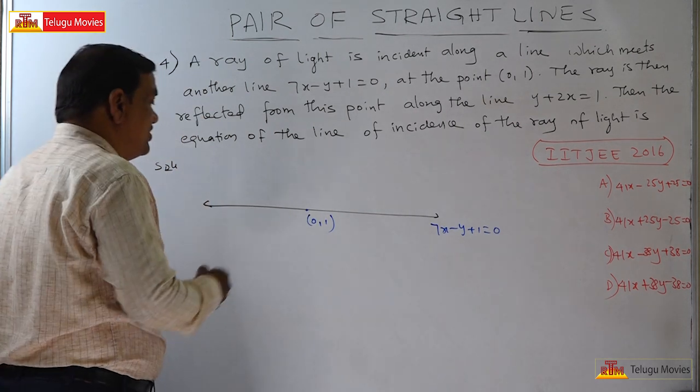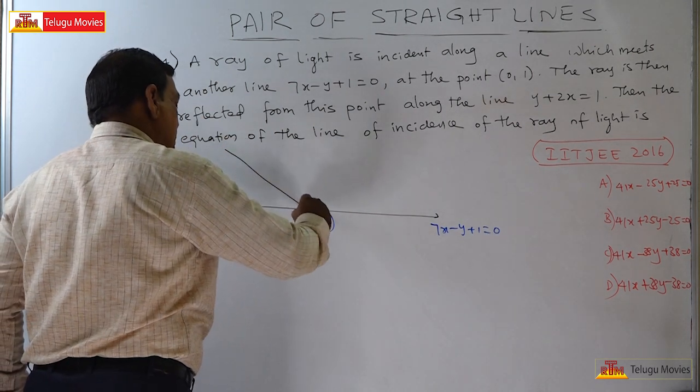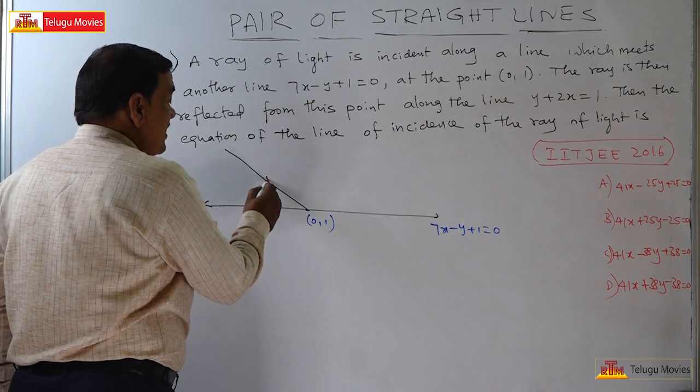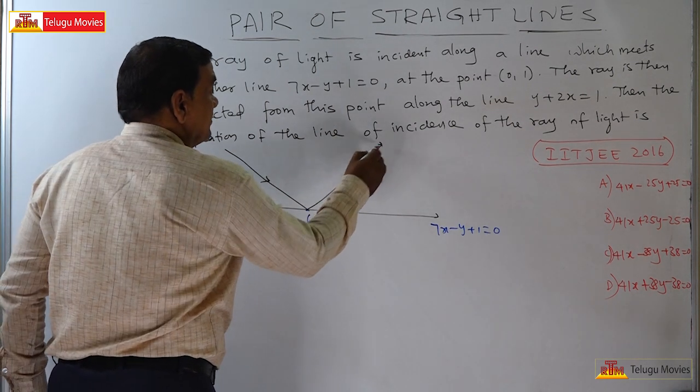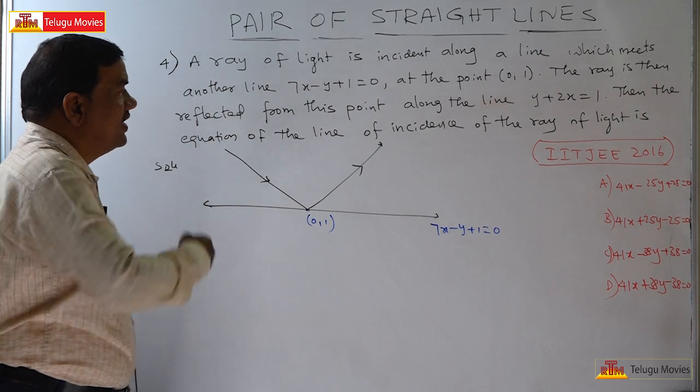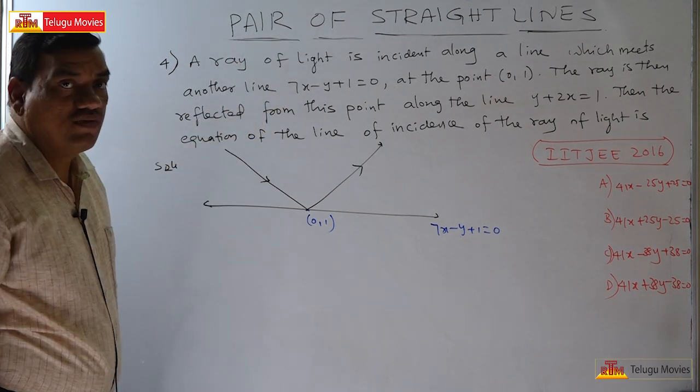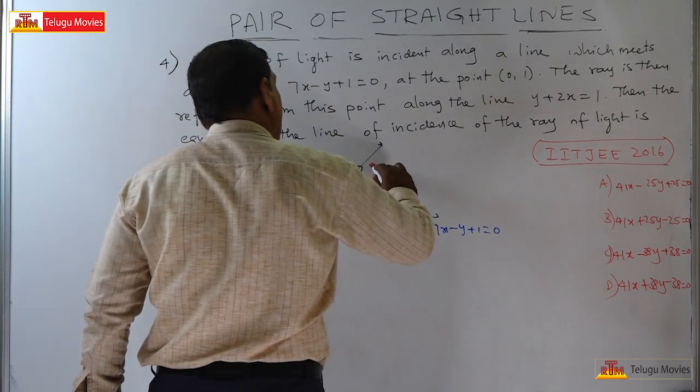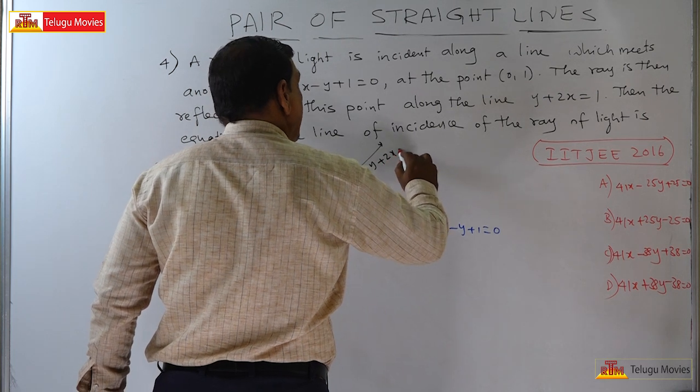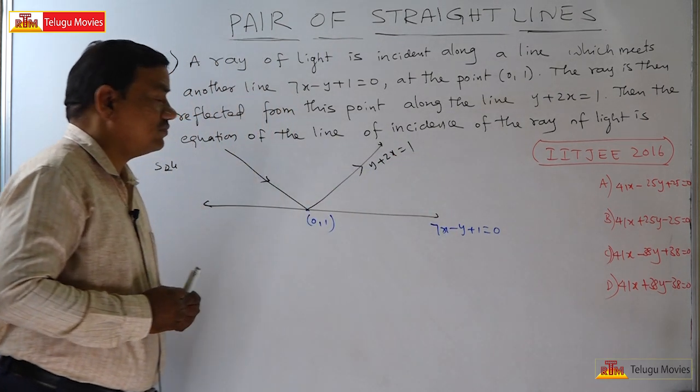There is an incident ray and this ray is reflected like this. It is given that the equation of the reflected ray is y plus 2x is equal to 1.